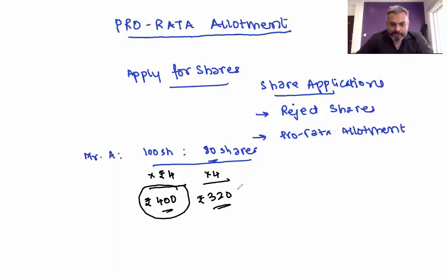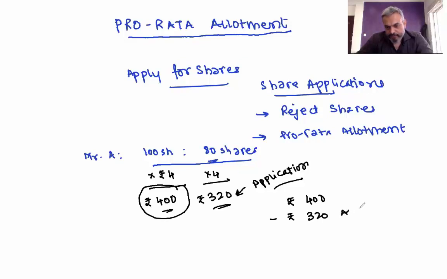Out of that, 320 is towards application. So the company will do a working: rupees 400 received from Mr. A, out of which rupees 320 is received towards application. The company will not refund the rupees 80, because it is going to ask for rupees 80 from the shareholder again.